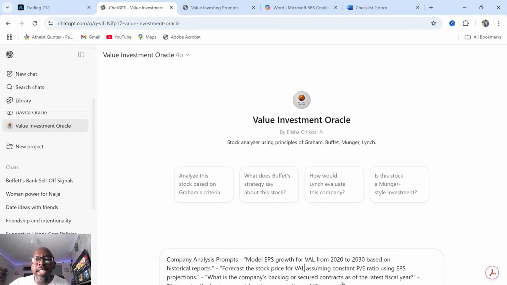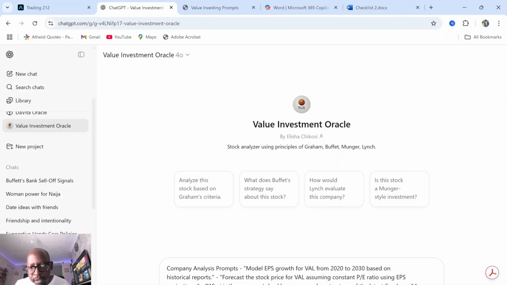I know what the company does, so I will take out the last part of the prompt, which says summarize the business model and core operations of the company. What I just want to know is, am I going to make money on this stock if I buy? So that's the prompt. Model EPS growth from 2020 to 2030 based on historical reports. Forecast the stock price for VAL assuming constant PE ratio using EPS projection. So why I actually use constant PE ratio, it gives a guide.